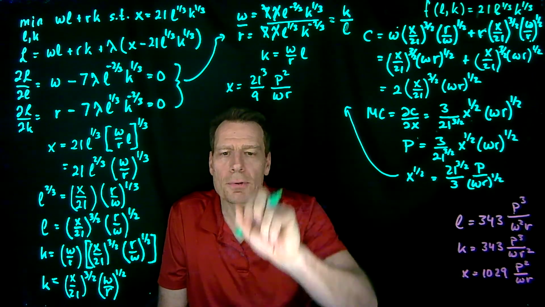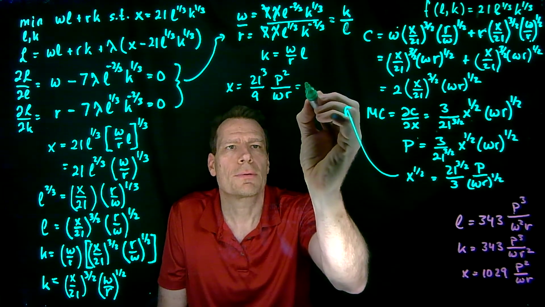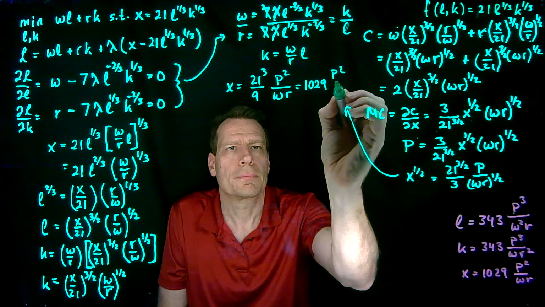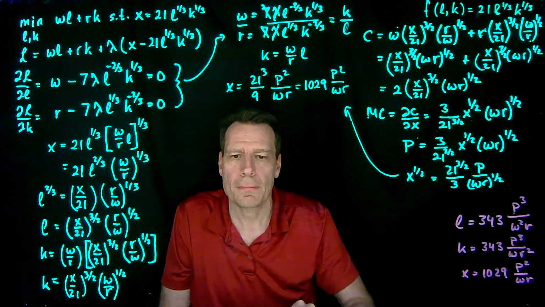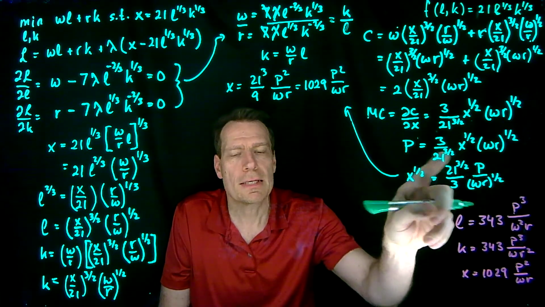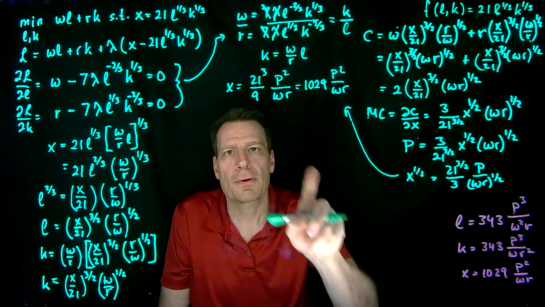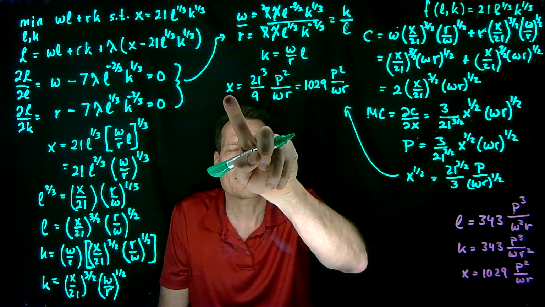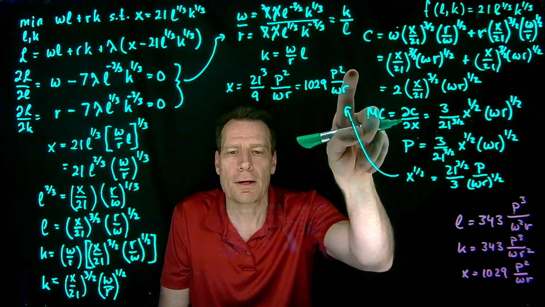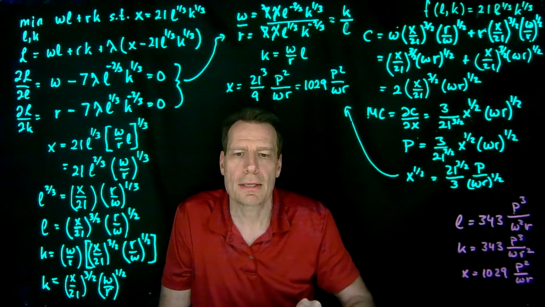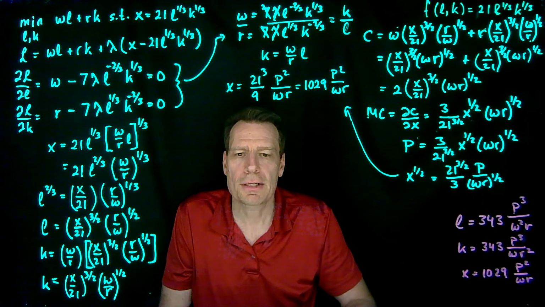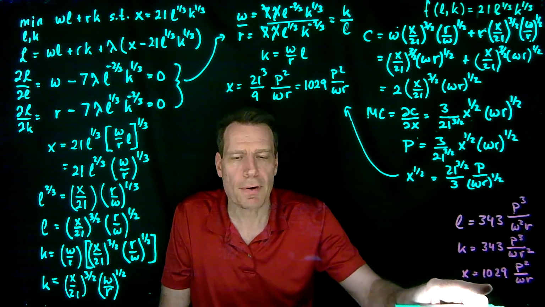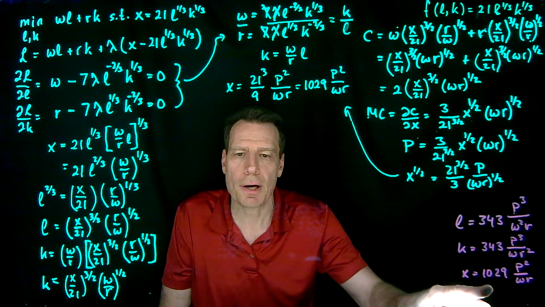And this, if you multiply it out, is just equal to 1029. So now that we've set price equal to marginal cost, we figured out that x is going to have to be this. We figured out the supply function that tells us for any output price and any input prices how much of the good x we're going to produce. That's the supply function, the same supply function we got when we did direct profit maximization.